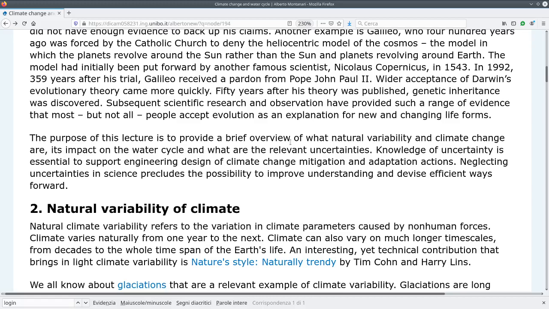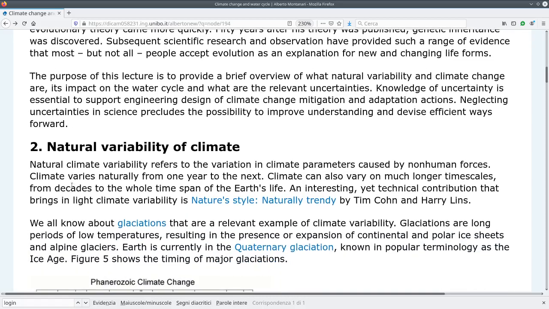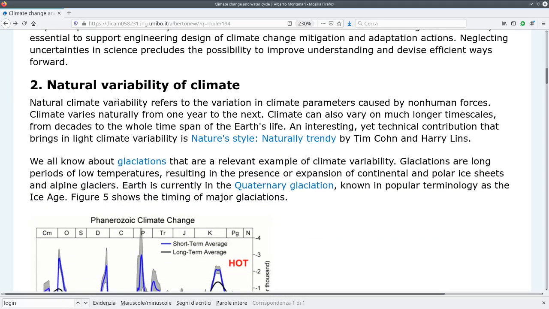Now let's discuss the first approach, the approach of the engineer. Look at the data, and therefore I started with this section here, natural variability of climate, because this is something that is very often called into play. So what is natural and what is anthropogenic?